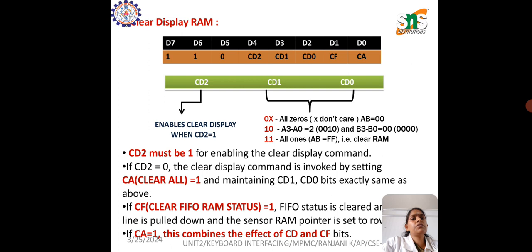For the clear command, CD2 must be 1 for enabling a clear display command, and if CD2 is 0, the clear display command is invoked by setting CA, clear all, equal to 1 while maintaining CD1 and CD0. CF is clear FIFO, and CA equal to 1 combines the effect of CD and CF.